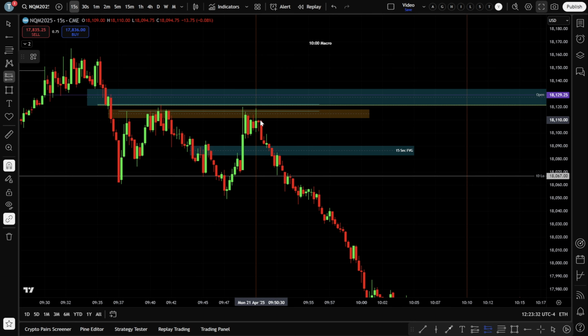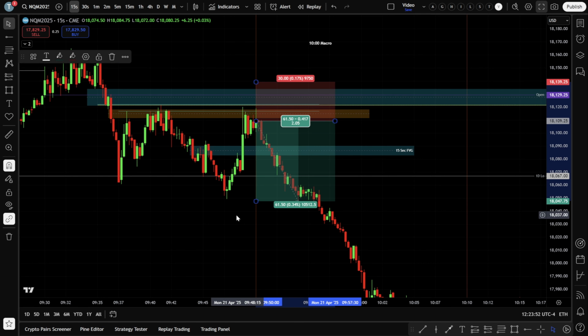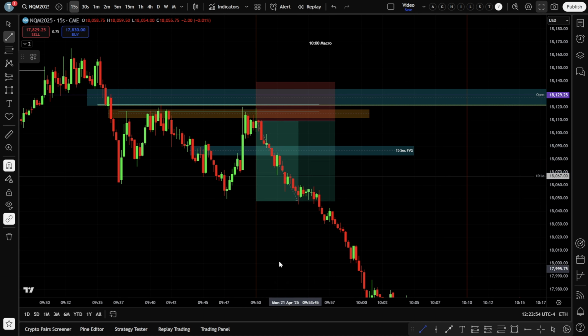And if you were to get in here, your stop loss would need to be above the first presented fair value gap, about a 30-point stop loss. And your initial target could be below this low here.